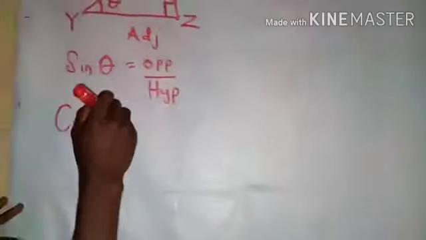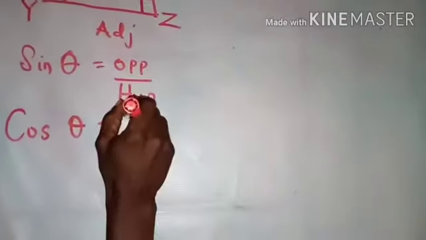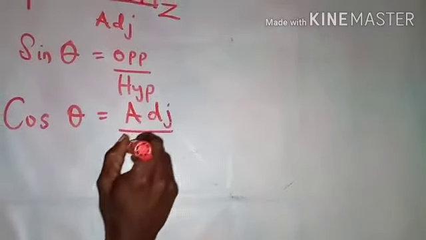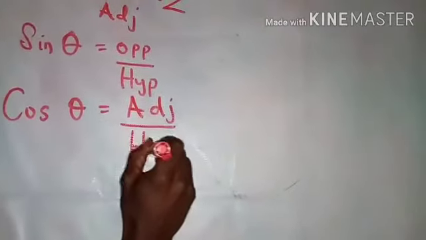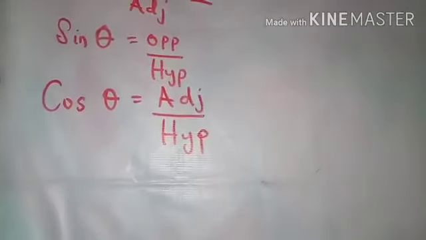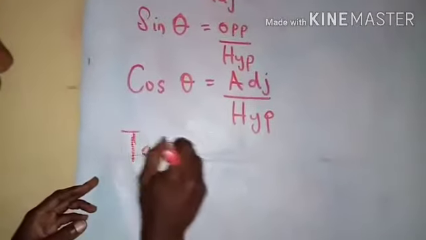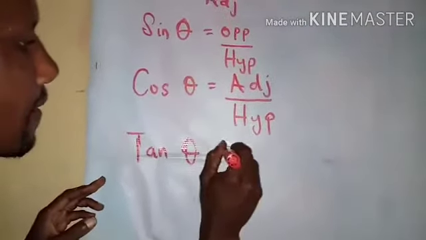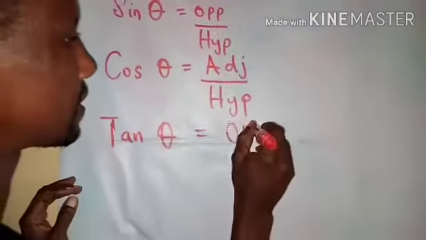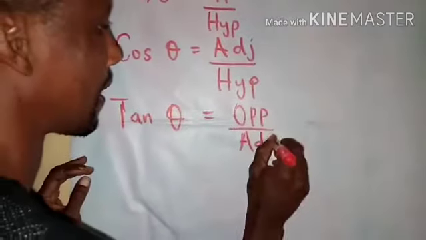cos theta equals adjacent over hypotenuse. Then tan theta equals opposite over adjacent.